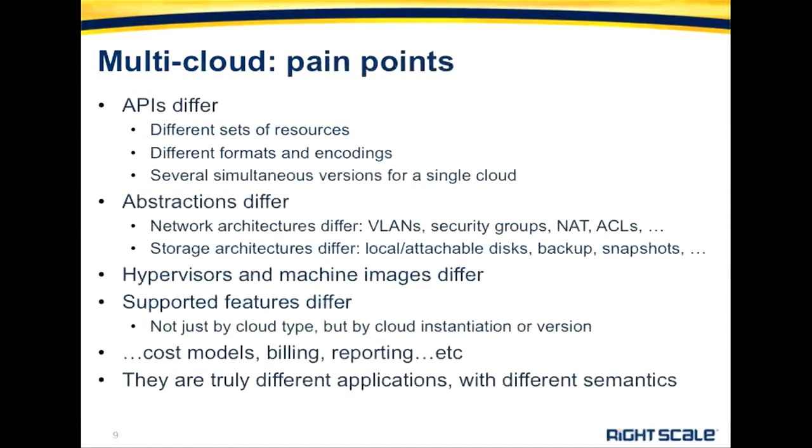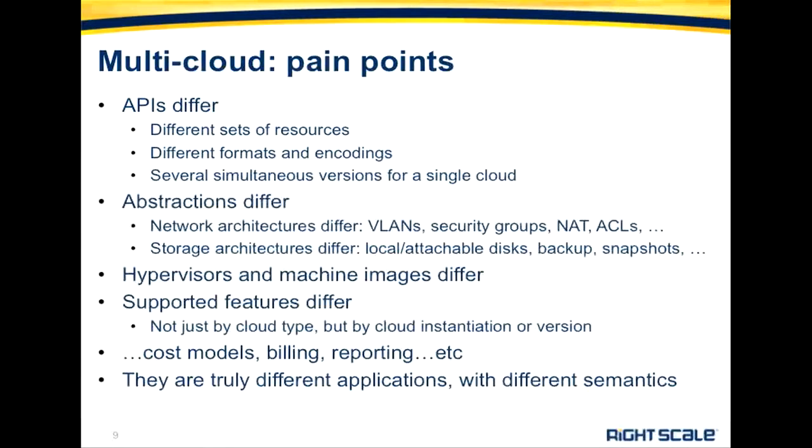But really, to get to that point, there are many pain points that one has to surpass. Mainly it is because all these clouds are very, very different. The APIs, to begin with, differ dramatically. They export a different set of resources. They support different formats. There are versions, so they change along their own life cycle.